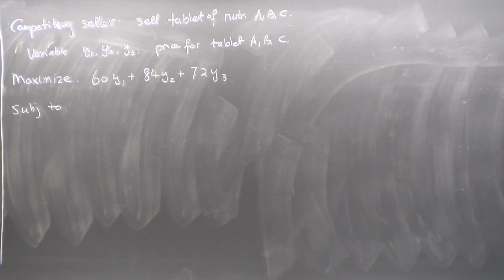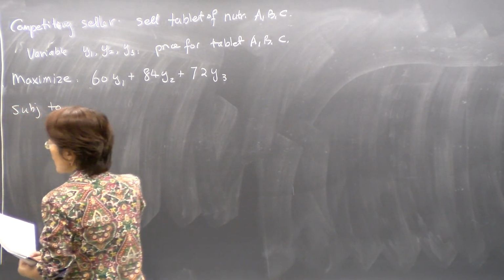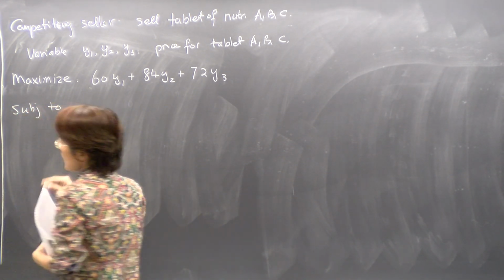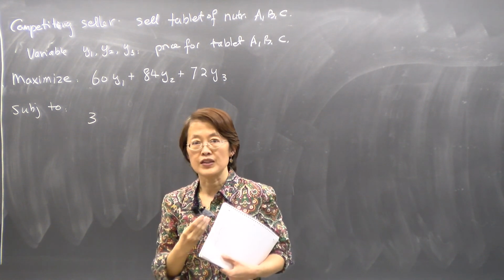If you give the tablets the nutrition equivalent of what feed 1 offers, how much would that be? I need 3 tablets of A, 7 of B, 3 of C. What will that cost the farmer if he buys the tablets instead of the feed?